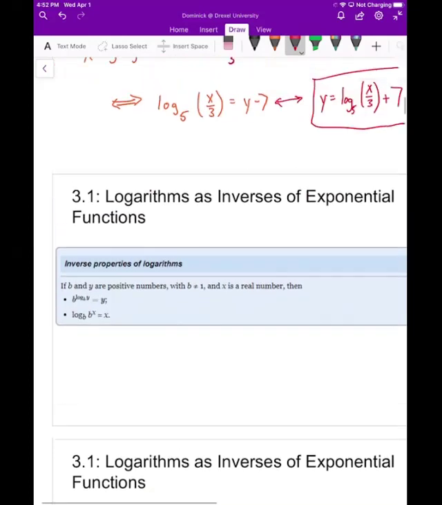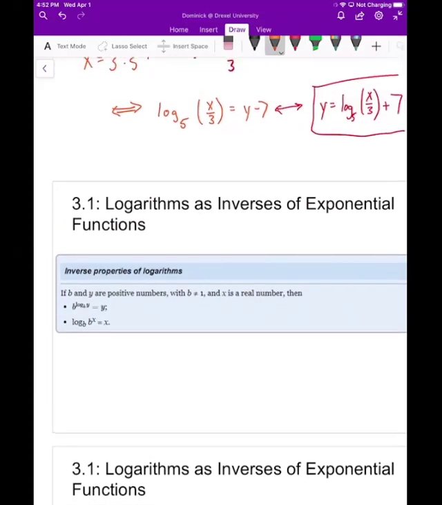Now, what are some other properties that we have? Well, these are like the cancellation properties or the inverse properties. All right, so the first one says that b to the log base b of y equals y. Well, if we convert this to exponential form, this says that b to the y is equal to log base b of y, right?